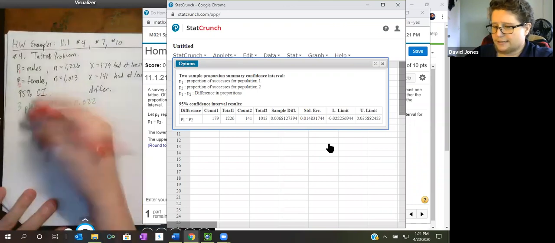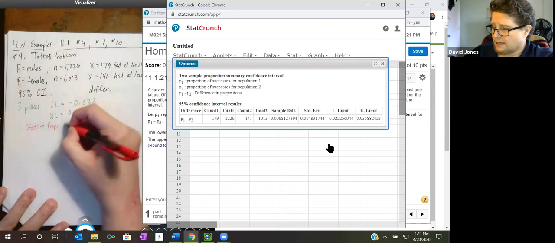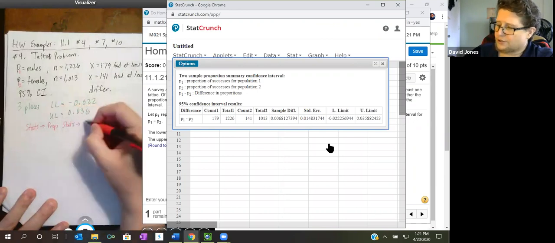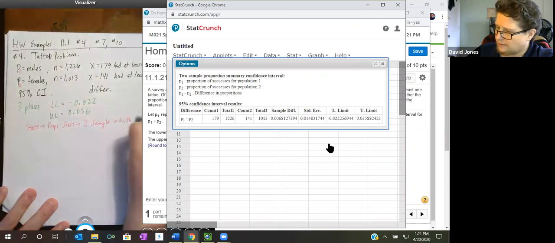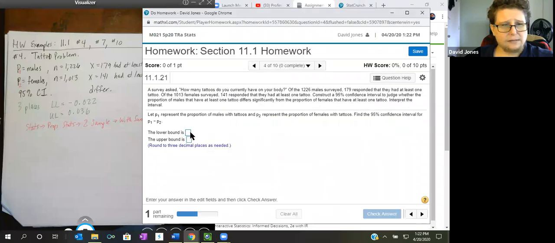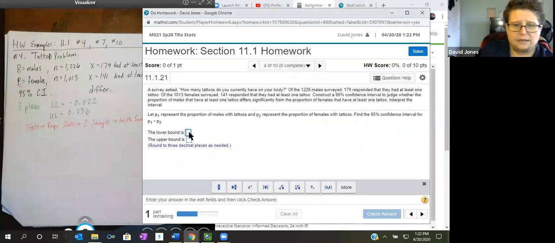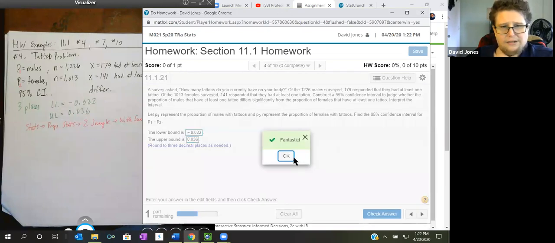And just remember stats, proportion stats, two sample with summary. Let's enter that information. Negative 0.022, 0.036. Excellent.